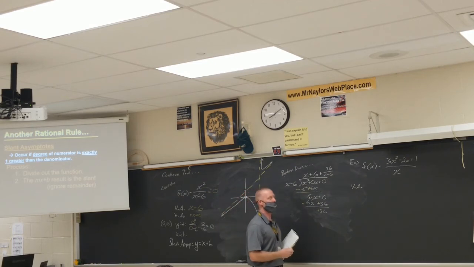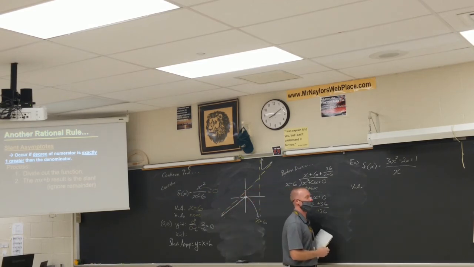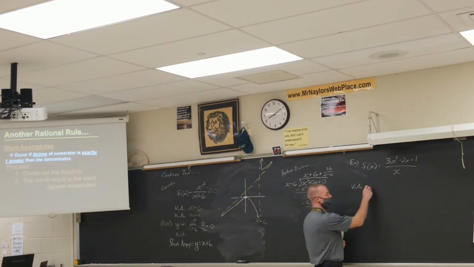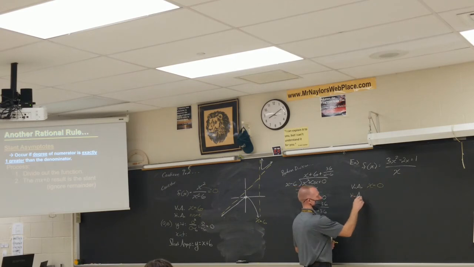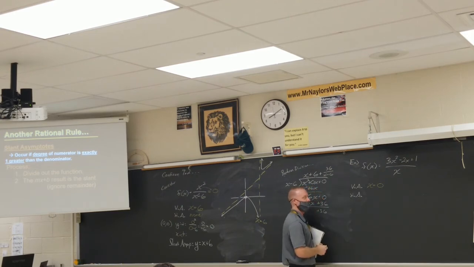Okay, so what makes the denominator equal 0? That'll be the main idea for this whole chapter, but it's still true. It's still the vertical asymptote. The horizontal asymptote, that looks at the top and bottom also. Oh, wait a minute. We already figured out that the top was 1 greater than the bottom.